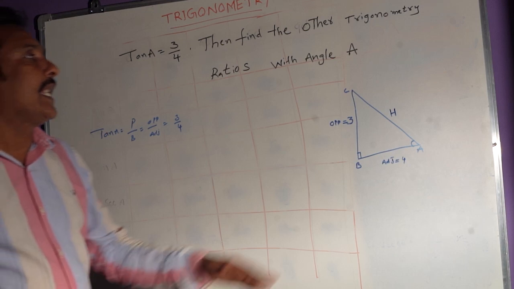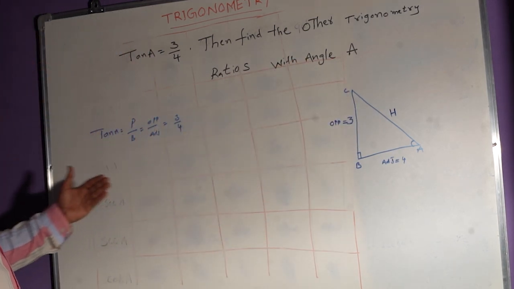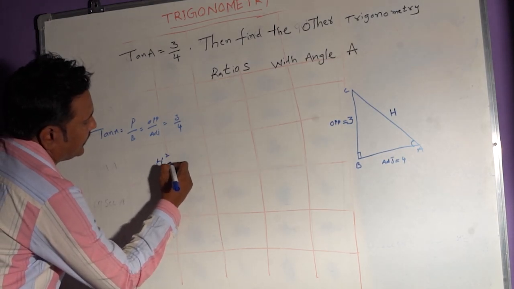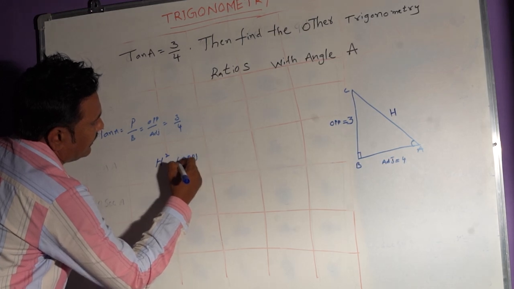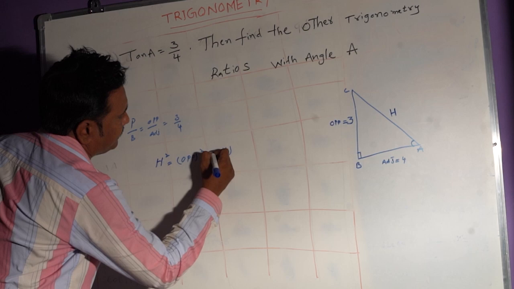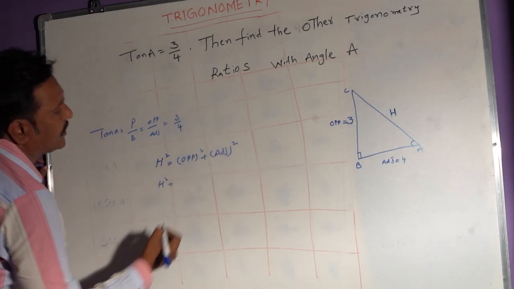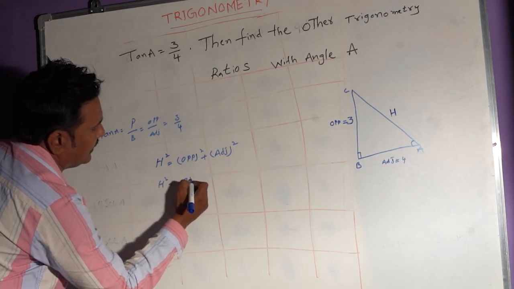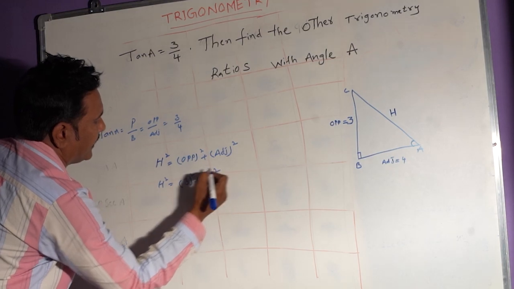I will find the hypotenuse value. Then by Pythagoras theorem, hypotenuse square is equal to opposite square plus adjacent square. Then hypotenuse square is equal to 3 square plus 4 square.